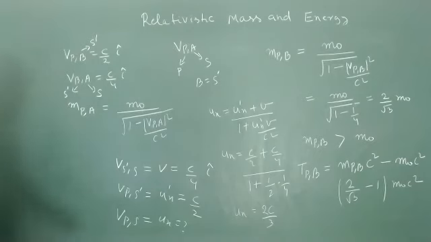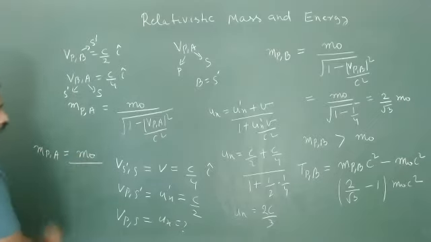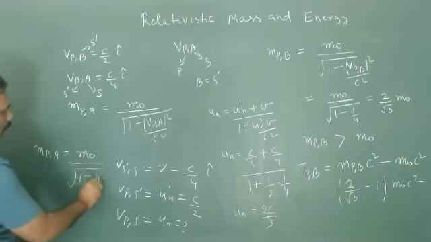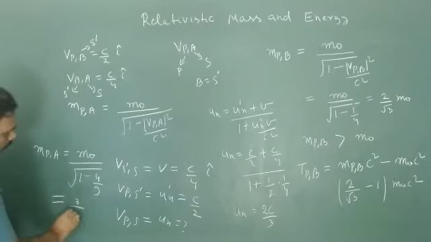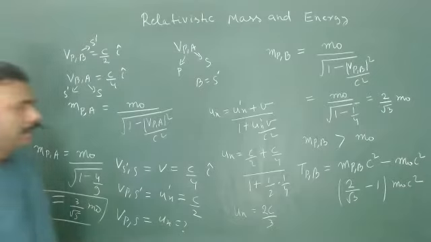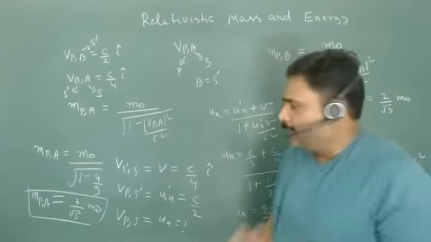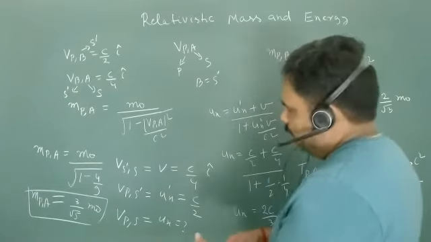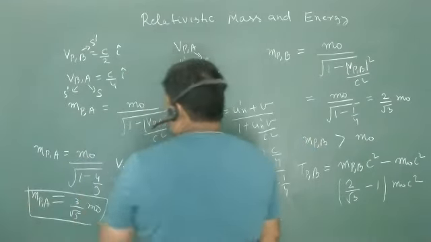So the mass of the particle with respect to A is m naught, the rest mass, which is uniquely defined, divided by root under 1 minus 4 upon 9. And what is this value? This value is 3 upon root 5 m naught. So that is the mass of the particle with respect to A. Now you can see different observers have different measurements, and the mass of the particle with respect to A is greater than m naught.